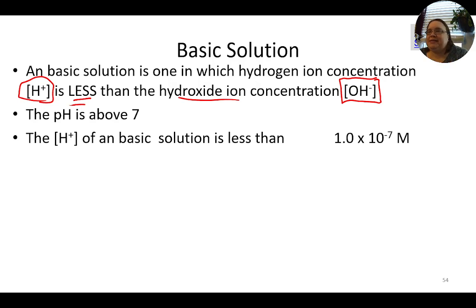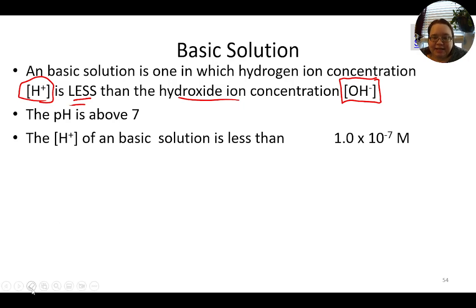So if we're looking at a basic solution, in order to be considered a base, the concentration of hydrogen ions is going to be less than 10 to the negative 7.